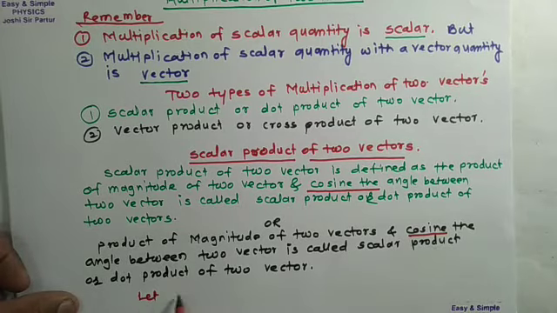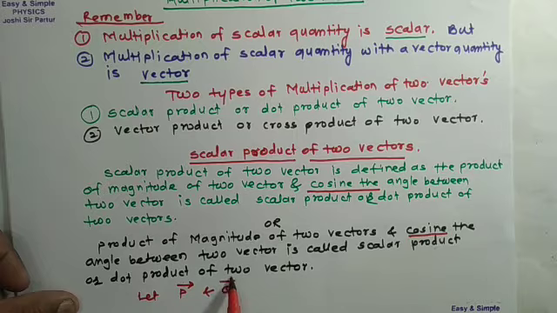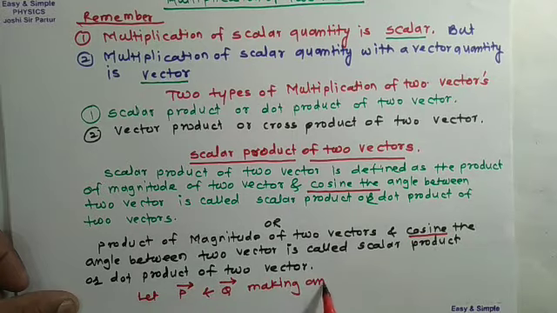Let vector P and vector Q be two vectors making an angle theta.